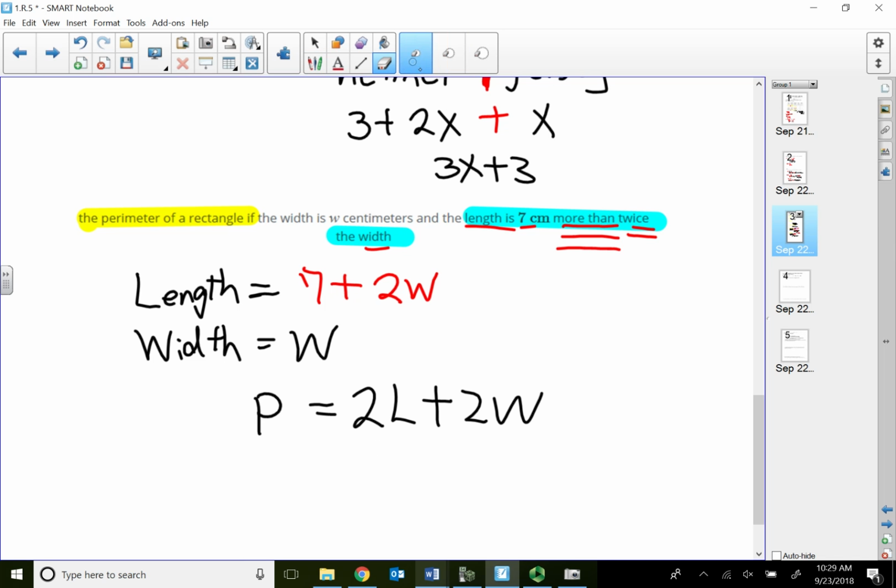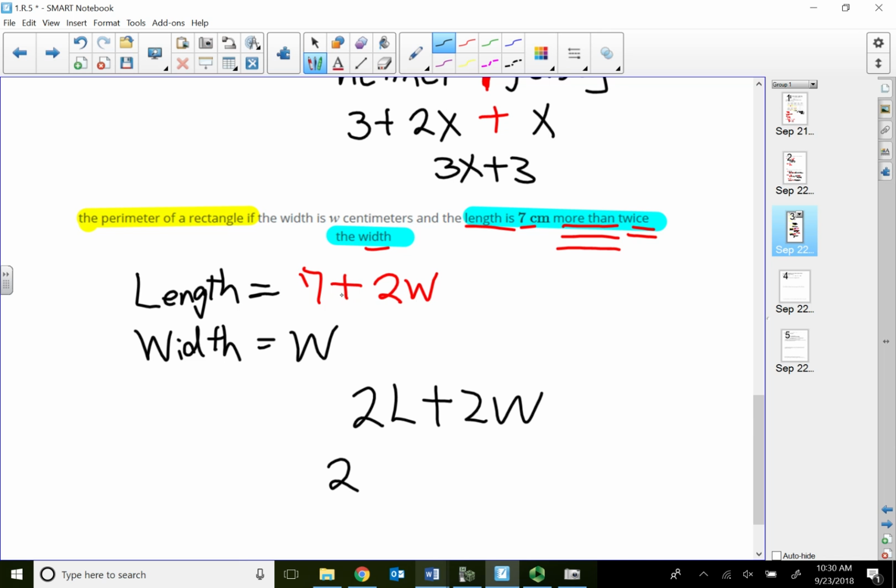Since I don't know what P is, I'm just going to use the right side, which is 2L plus 2W. All right, so length is 7 plus 2W. This 2 comes with the formula, so that 2 has to be there. Times L. So I translate L to be 7 plus 2W.